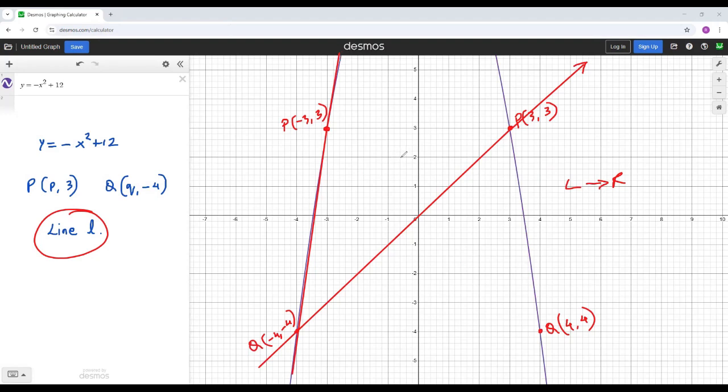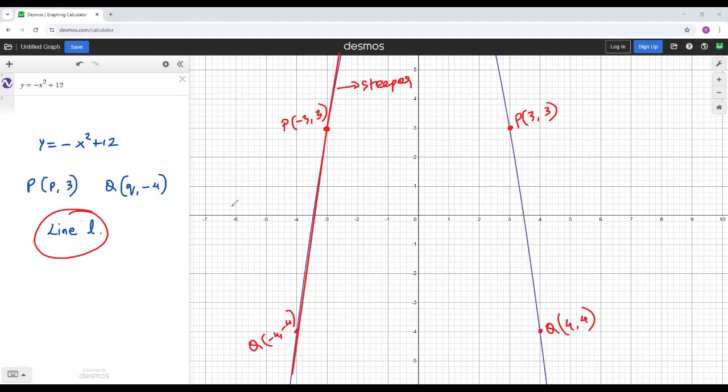Look at those 2 lines and identify the one which is steeper. Clearly, this line is steeper than this one. So this line will have the greatest slope. So we can ignore this one as well. Now I got the possible graph for line L which has the greatest possible value as a slope.